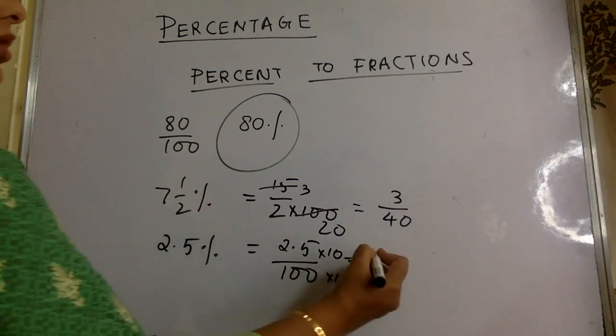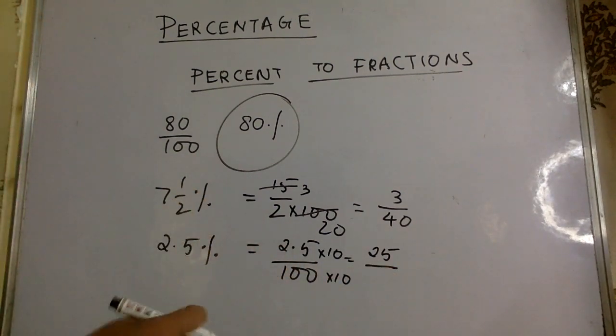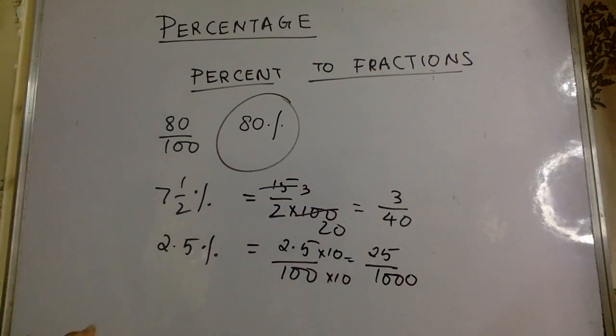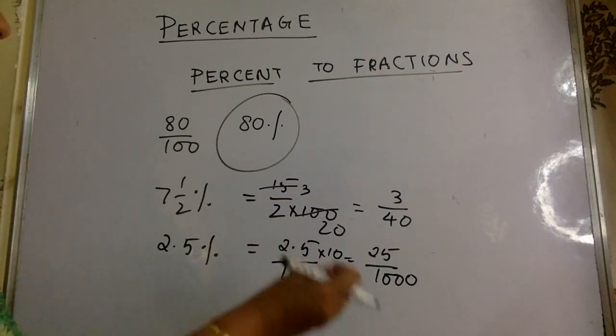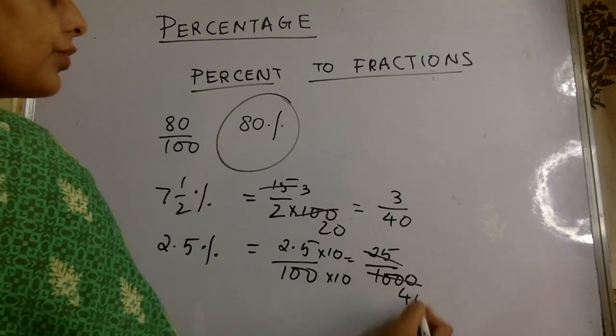So it is 25 over 1000, just to remove the point, because the moment I see a point in a sum, we get a little panicky about how to do it. Now it looks beautiful. The point has been removed, 25 and then 4 0s.